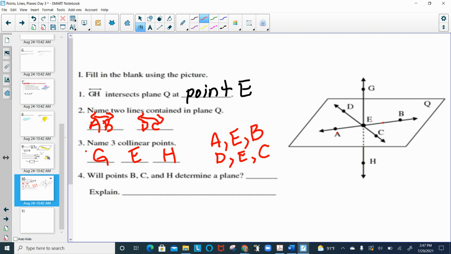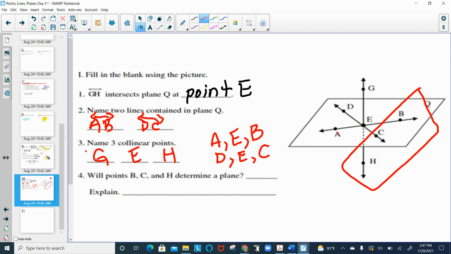One of the things that we can always do is draw another plane that includes all 3 of those points. It's just going to slice through Q. So is it possible? Yes, it is. But do we see it in our picture?